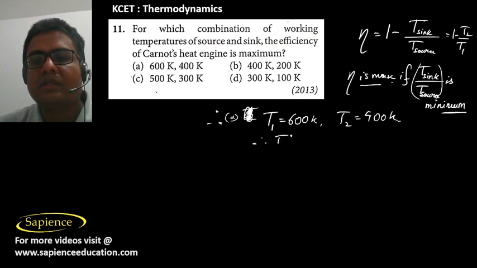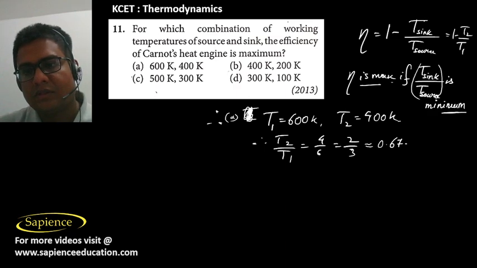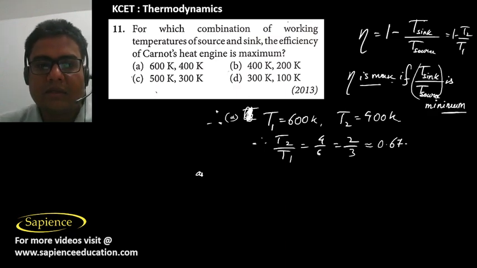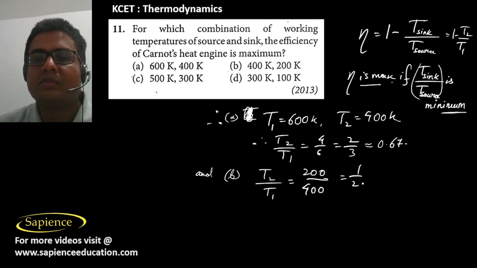So T2 by T1 is 4 by 6, that is 2 by 3, which is approximately 0.67. For option B, T2 is 200 and T1 is 400, so the ratio is 1 by 2, that is 0.5.